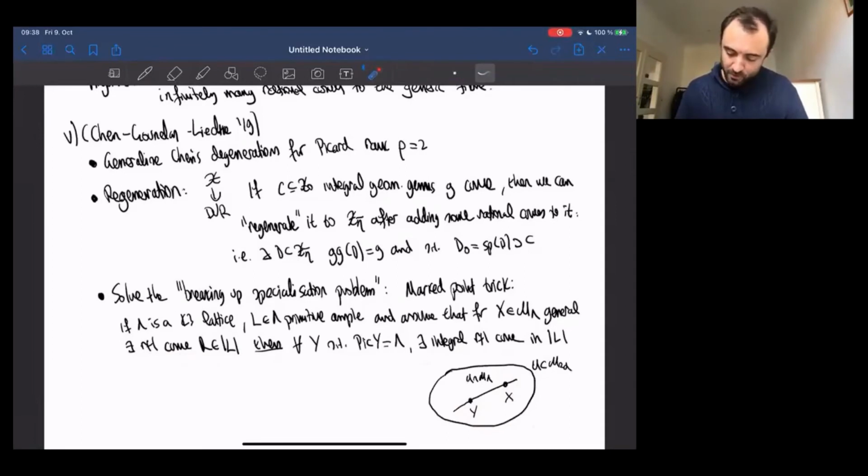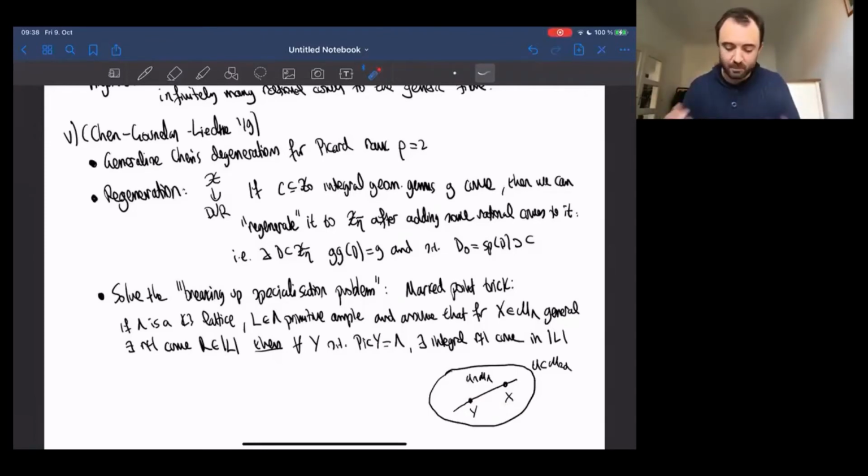But this works by basically you decorate your family of curves with 4 marked points. And what this allows you to conclude is that the locus where the specializations of these curves are not irreducible has to be divisorial inside U. So you get some divisor where this curve could potentially split.